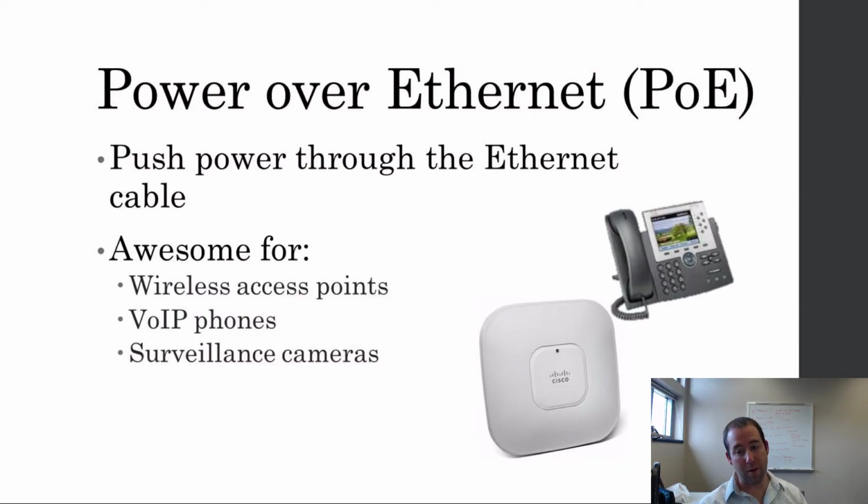So if you want power to your wireless access point, you need to be able to either run a really long extension cord down to the nearest outlet, or install an outlet up there, which is kind of a pain, or you can use a switch with power over Ethernet and run power through that Ethernet cable. So through a single port, the Ethernet port, you can get all of the data and the electrical power that your access point needs.